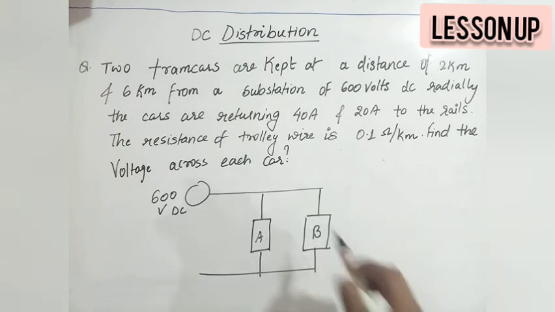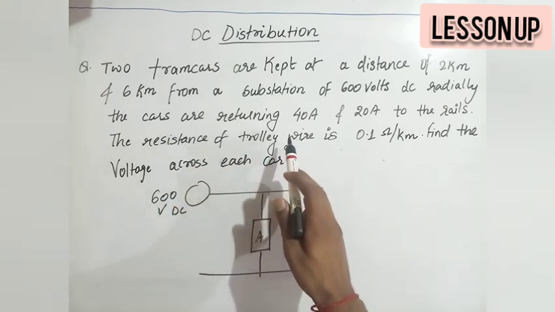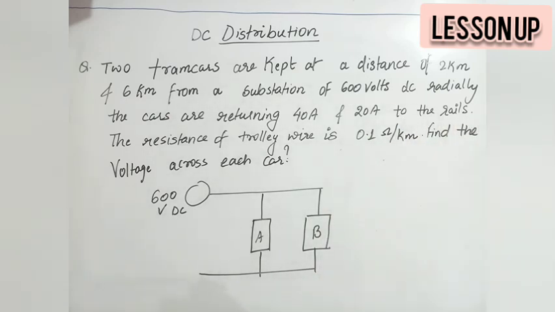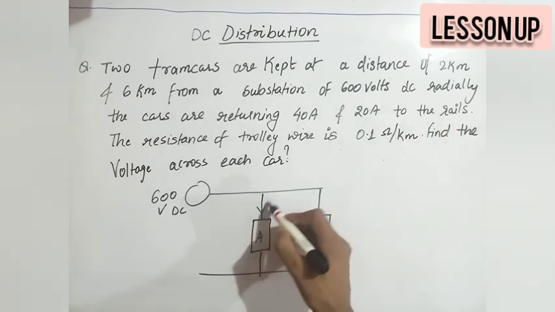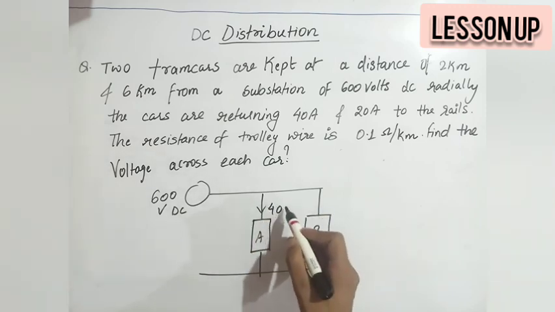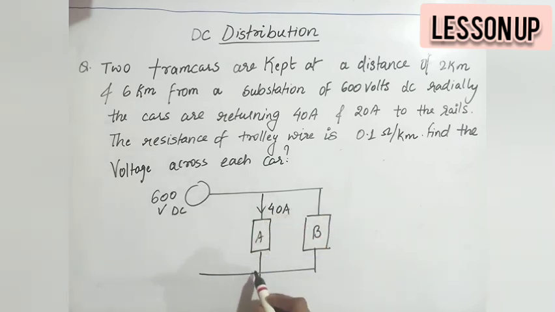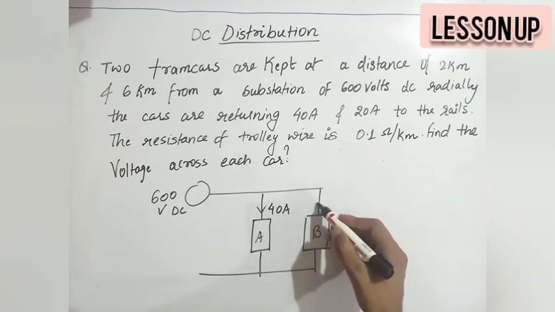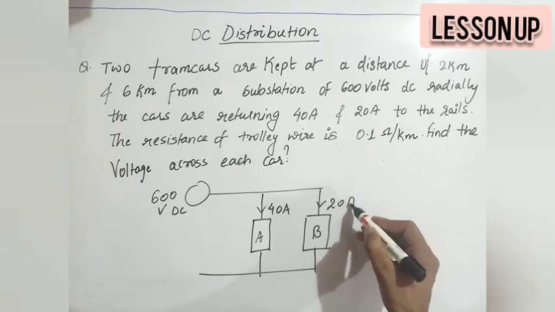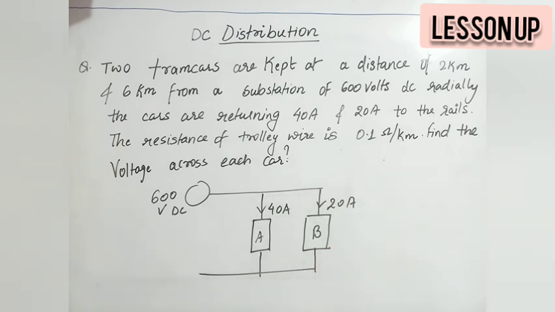Now both the cars are returning 40 and 20 ampere to the rail. So let car A return 40 ampere and car B return 20 ampere to the rail.